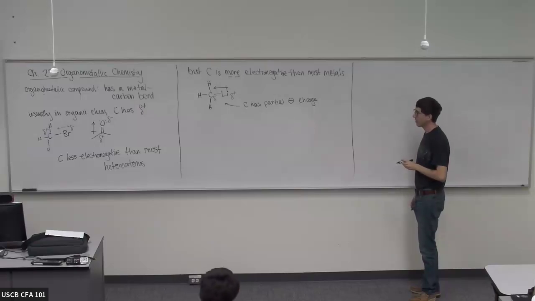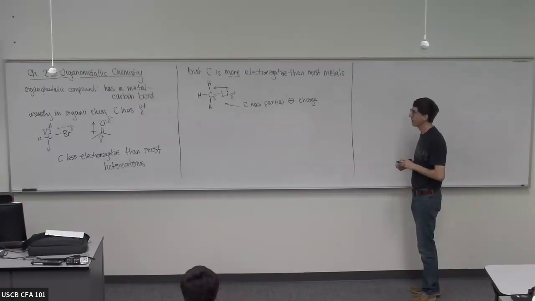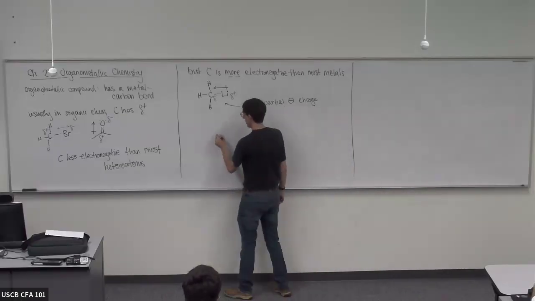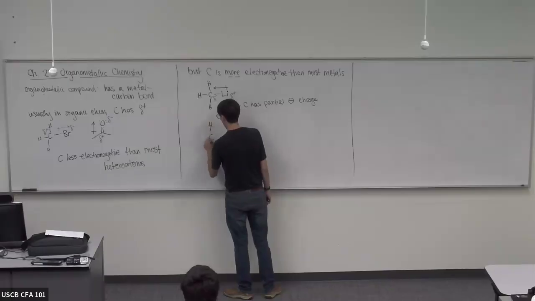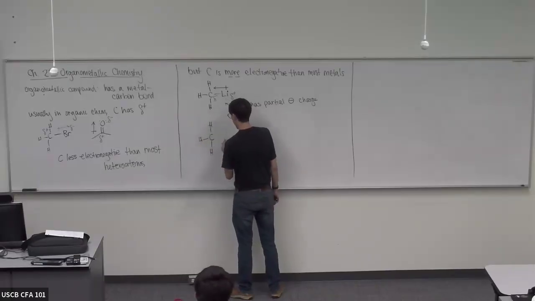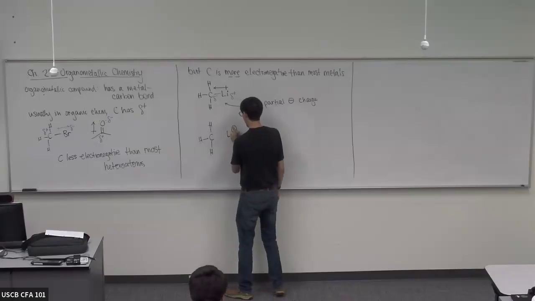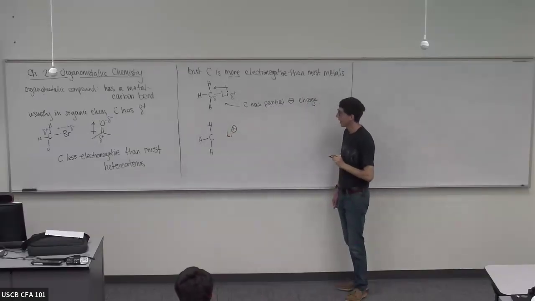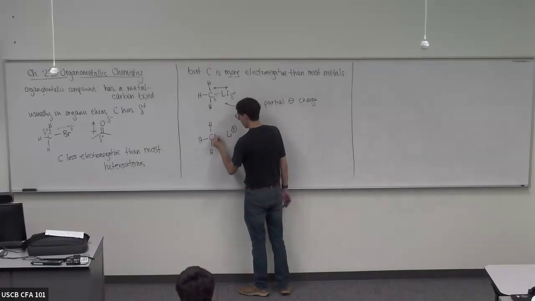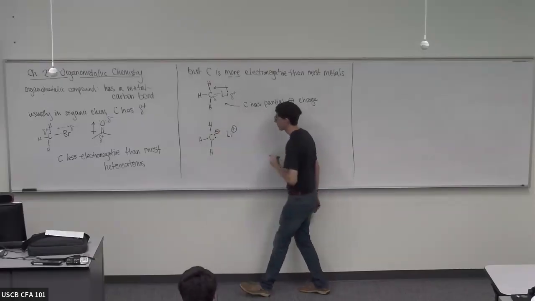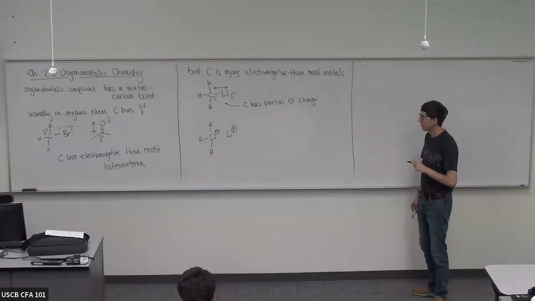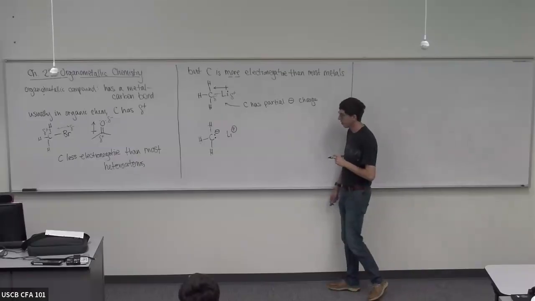Or we could take it a step further. If the electronegativity difference between carbon and lithium is very large, which it is, we can pretend that we have an ionic bond rather than a covalent bond. So now we have two ions, one of which is a carbon anion.